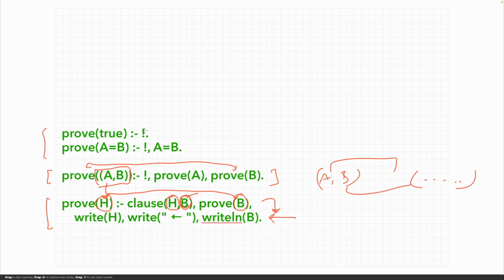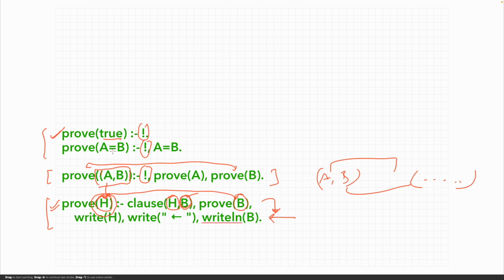And we put a cut in so that if this was matched and succeeded, our meta interpreter wouldn't backtrack and then match this again, because proving true matches this specific rule, but it also matches this general rule. In fact, proving anything will match this, so we have a cut everywhere here.